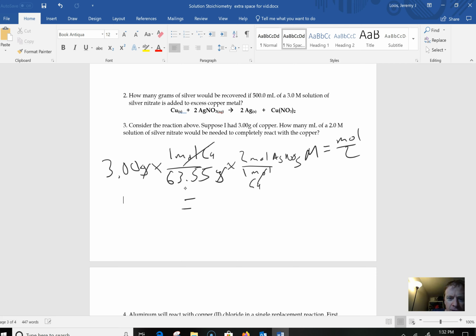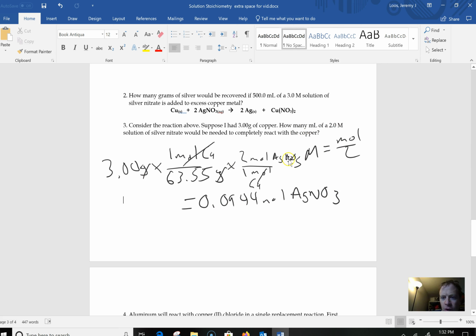So what that tells us is in this chemical reaction, to react all of that copper, I need 0.0994 moles of AgNO3.